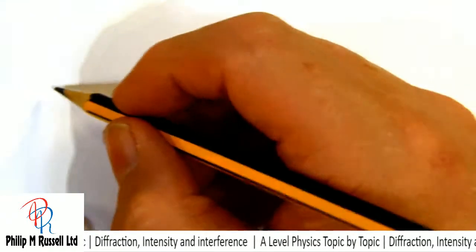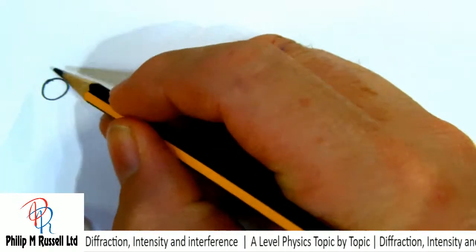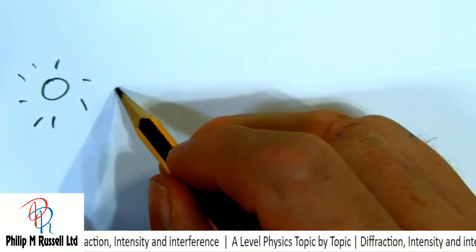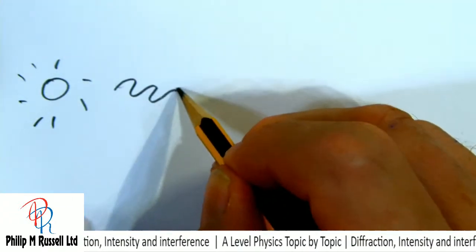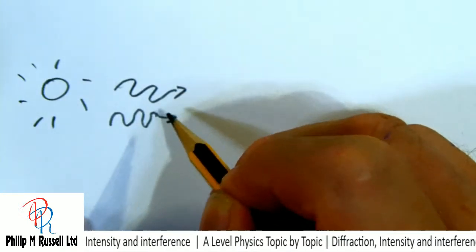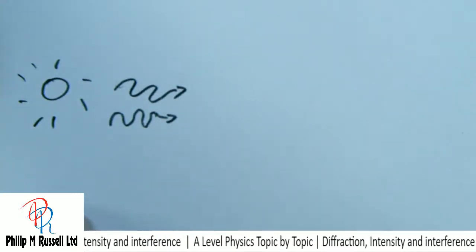Let's look at this one and see what's happening. What I've got is light coming from my light source, and this has light waves going in this direction, that direction, in fact going in every direction.